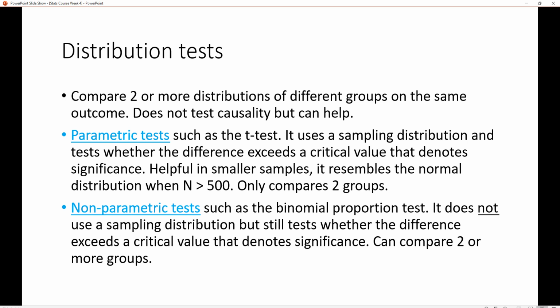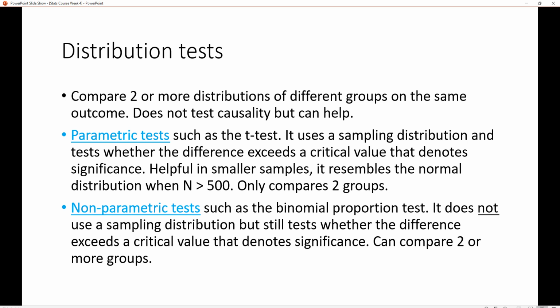Within distribution tests, we have two types of tests. We have parametric tests, such as a t-test. It uses a sampling distribution and tests whether the difference exceeds a critical value that denotes significance. It's helpful in smaller samples. It resembles the normal distribution when your sample size is greater than 500.